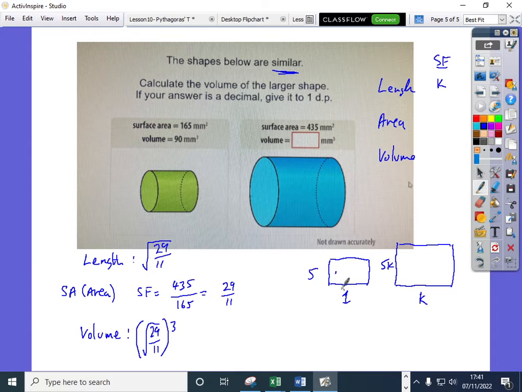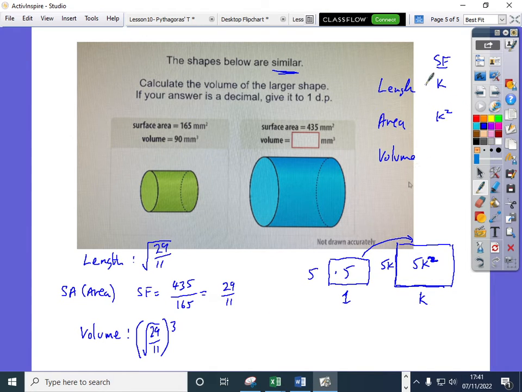And notice the area here will be 5 times 1 is 5, and the area here will be 5k times k, which is 5k squared. So because this got stretched by k and this got stretched by k, the area got enlarged by k times k, which is k squared.